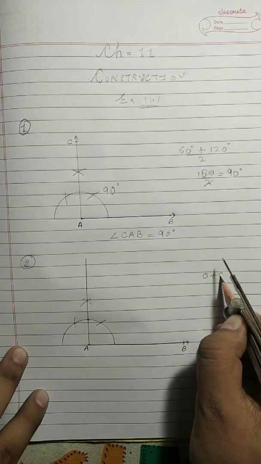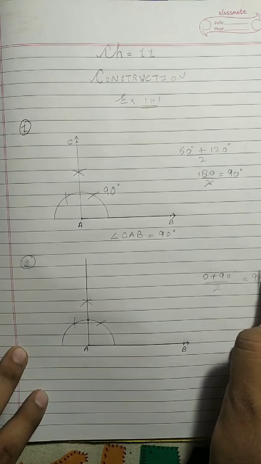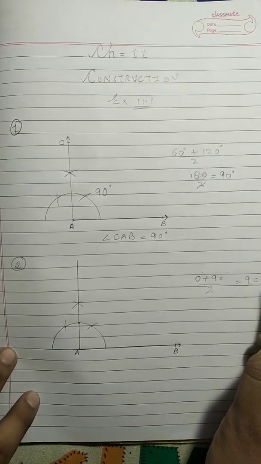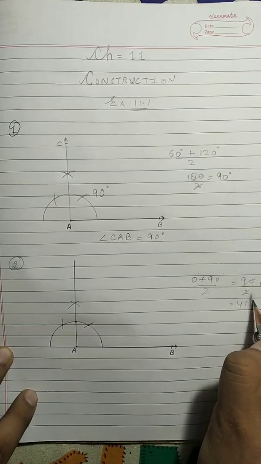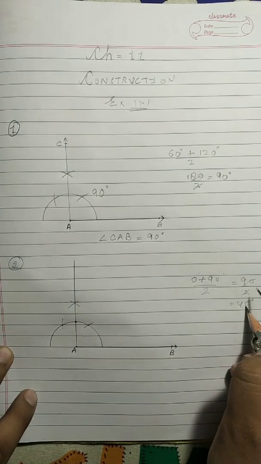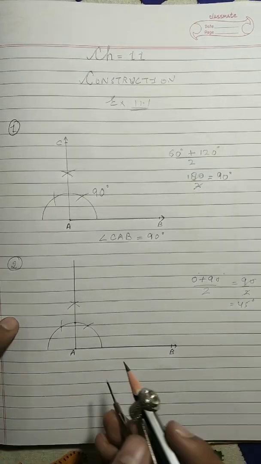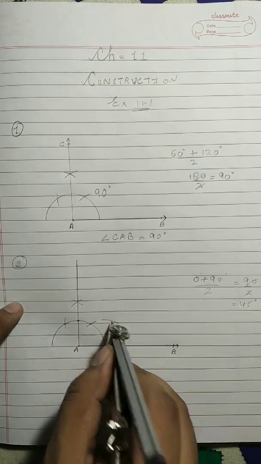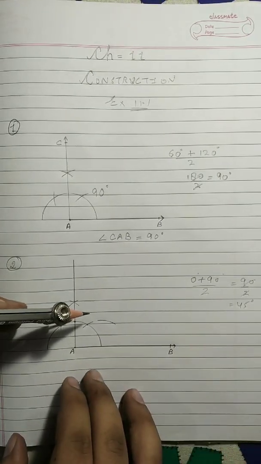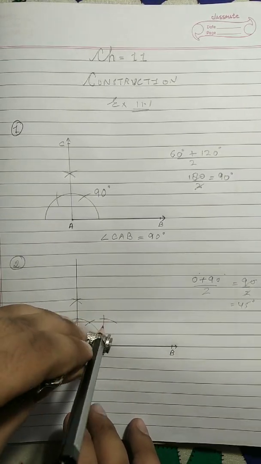0 and 90 will help us to make 45 degree. Very simple. So with the help of 0 and 90 we are making 45. So from 0, one arc in between, then from 90 draw an arc in between.